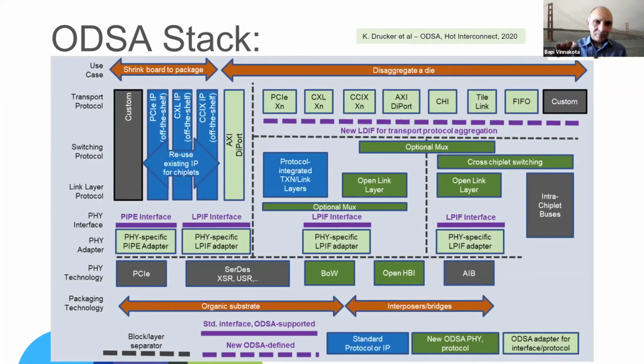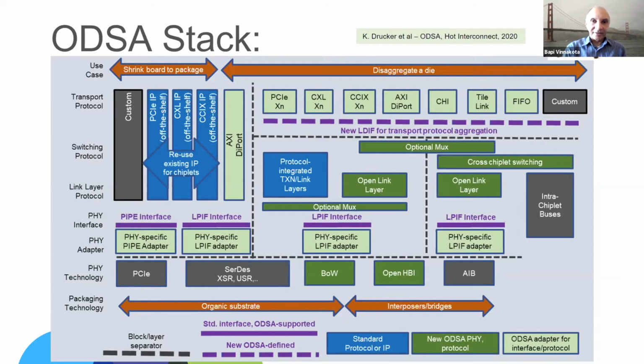Coincidentally, what Intel did very politely was define a second open interface called the Logic PHY interface, which they originally defined. The PIPE interface was an interface they defined between PCIe PHYs and PCIe controllers. And the LPIF is like a higher level version of the PIPE interface. So broadly, we as a group want to use both of these interfaces, the PIPE for when we're carrying something like PCIe, and LPIF for a whole range of other applications.